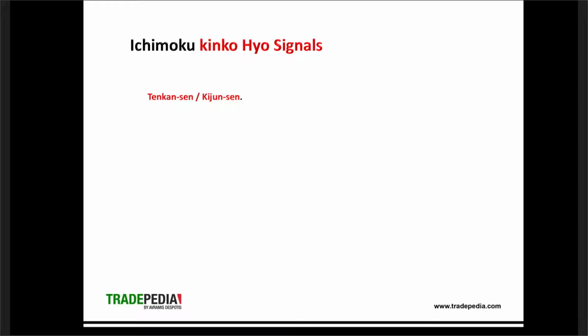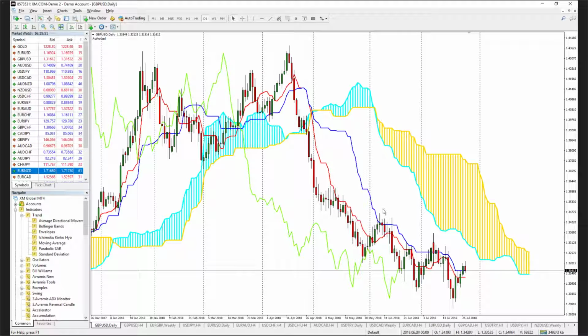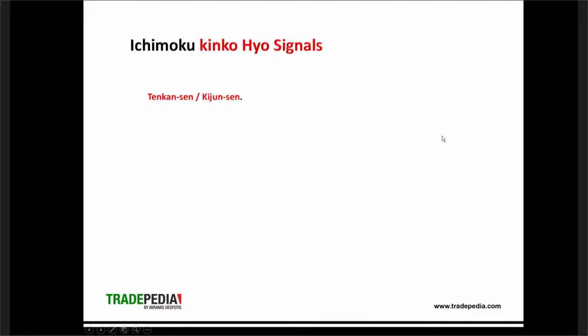So first, focusing on the Tenkan-sen and the Kijun-sen. Now remember, Tenkan-sen and Kijun-sen are our red and blue lines. All right. Well, not very different to moving averages. So a buy signal is generated when the Tenkan-sen crosses above the Kijun-sen.